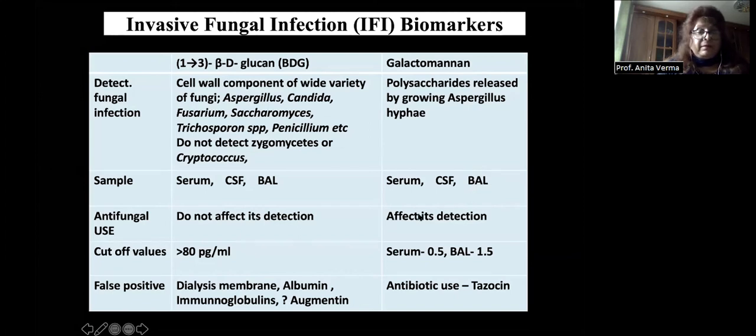It gets affected by the use of antifungals, which can reduce it or make it falsely negative, and the cutoff value is variable in BAL and in serum. It can also give false positives with Tazocin or other antibiotics.